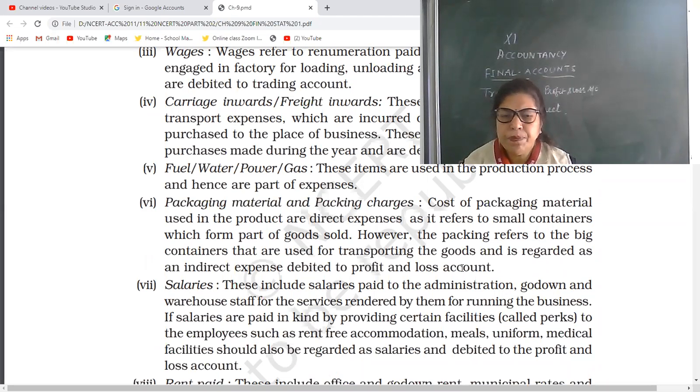Please note down. Salaries include all those compensation of employees paid to the administration, godown, warehouses, selling and distribution, for office maintenance, for running the business.